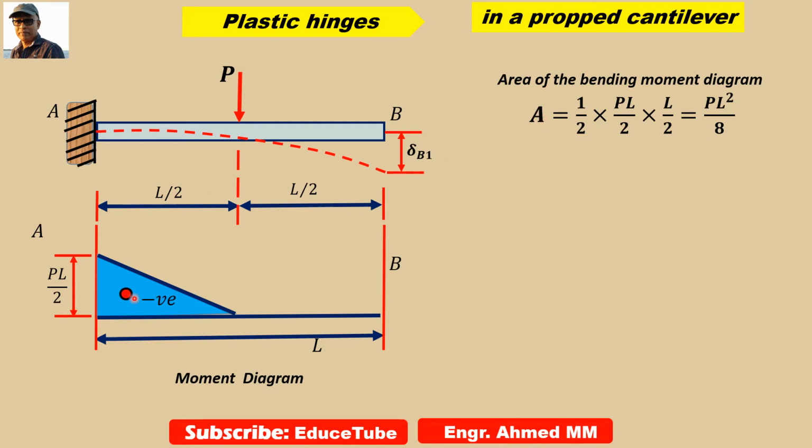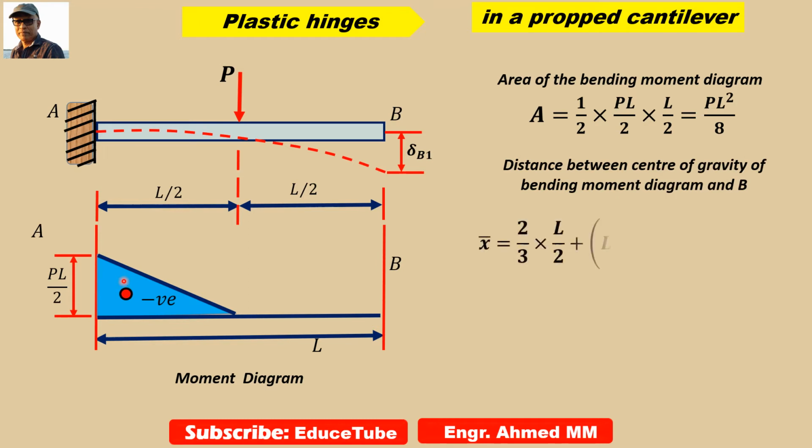Now we have to find the distance of the center of gravity of this bending moment diagram up to this B. So how to get that? From here up to this point, it is 2/3 of L by 2. And from here to here, it is L by 2. So 2/3 L by 2 plus L minus L by 2.